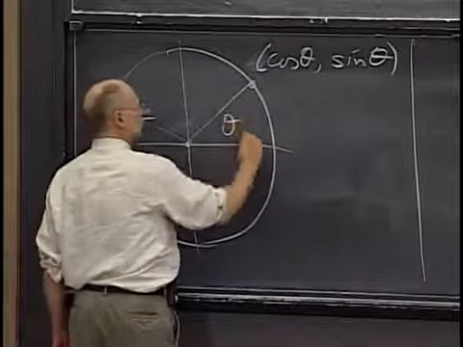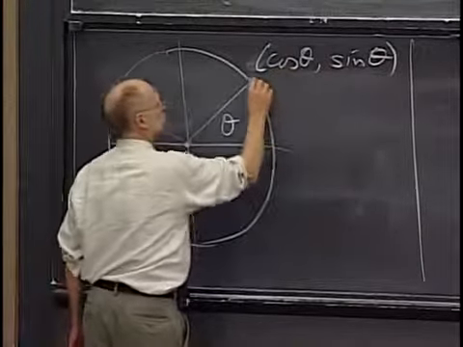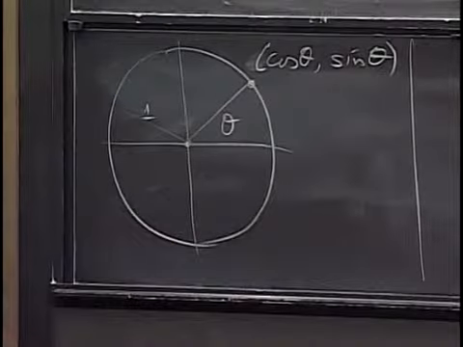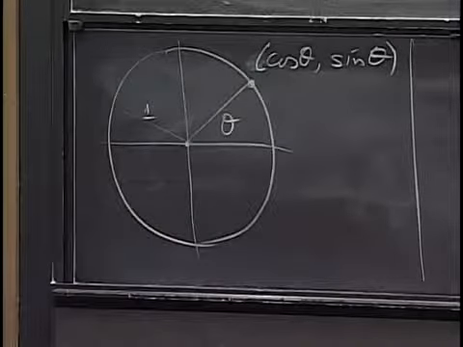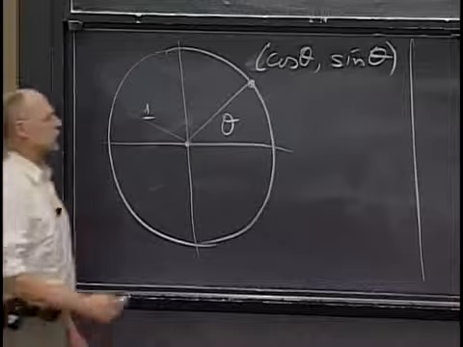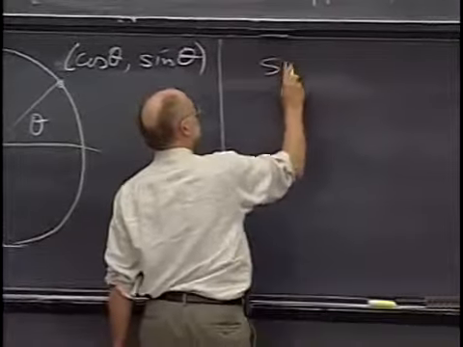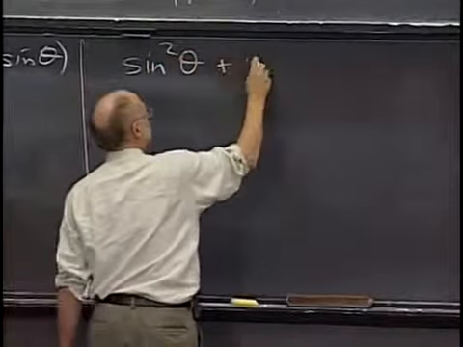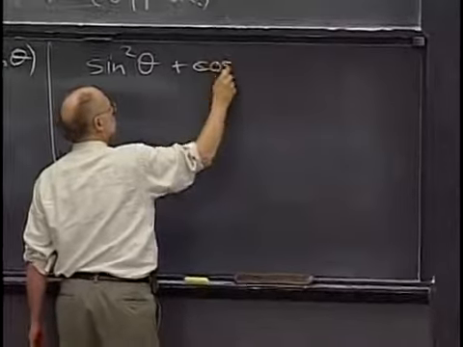And so if this is an angle of theta up from the x-axis, then the coordinates of this point are cosine theta and sine theta. And so that leads right away to some trig identities, which you know very well, but I'm going to put them up here because we'll use them over and over again today.